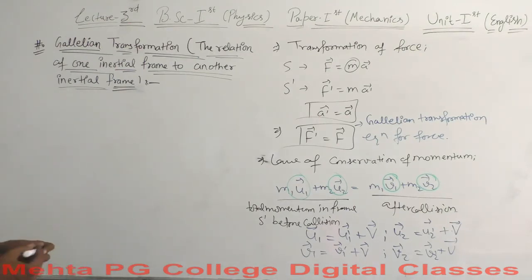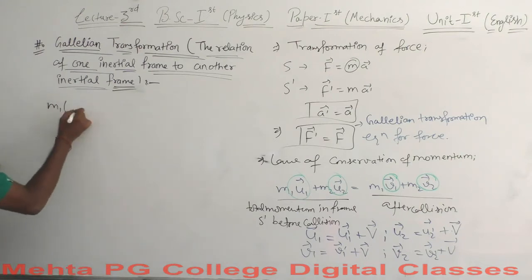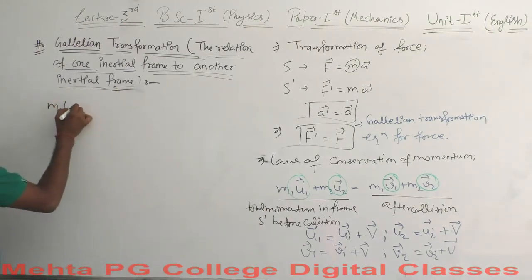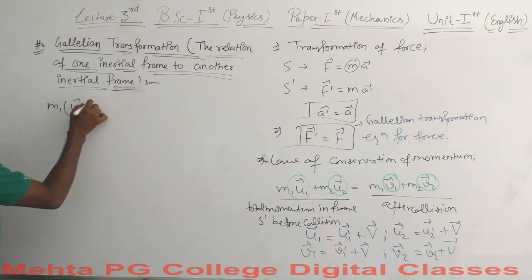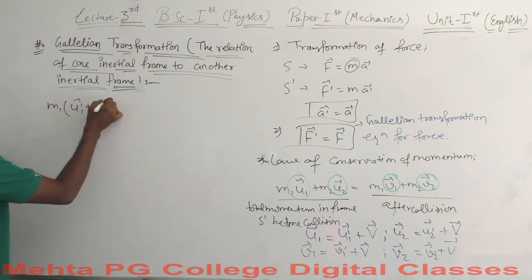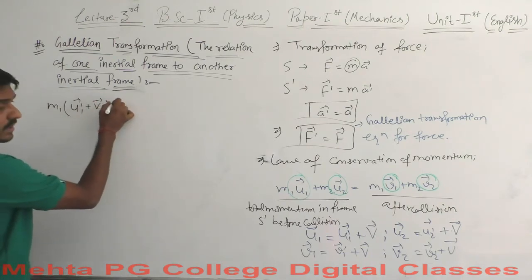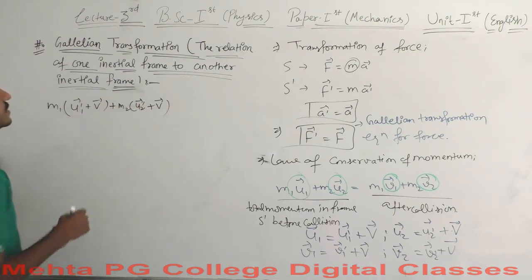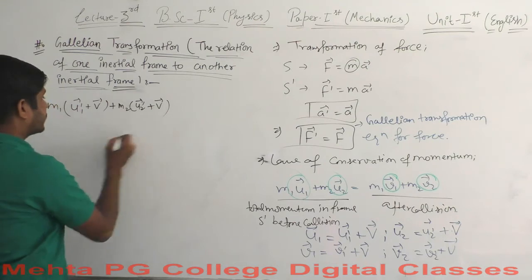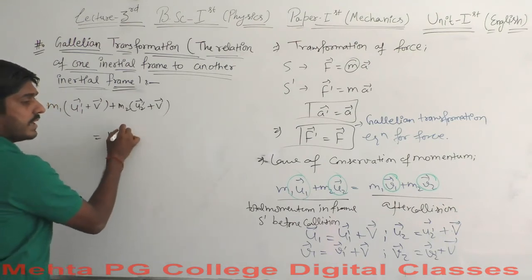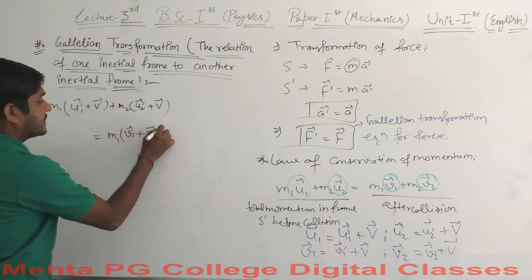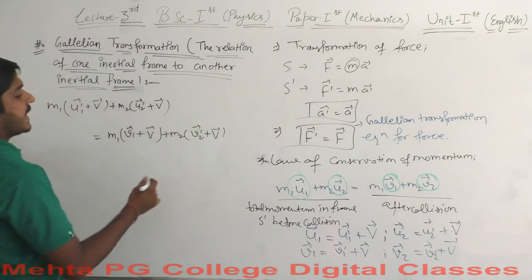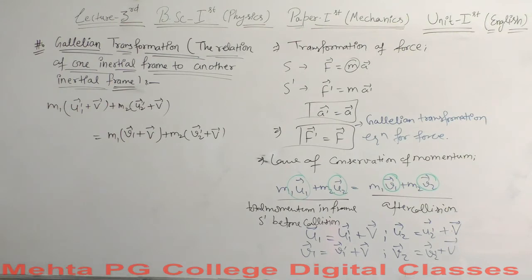This will be equal to m1 for u1, you say u1 dash plus V, plus m2 u2 dash plus V, is equal to m1 v1 dash plus capital V plus m2 v2 dash plus capital V. Okay, so this is an algebraic equation.